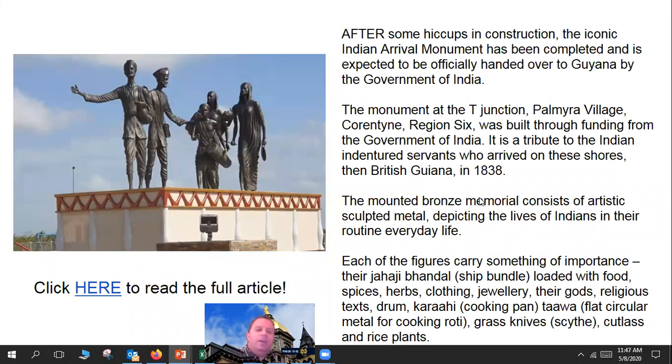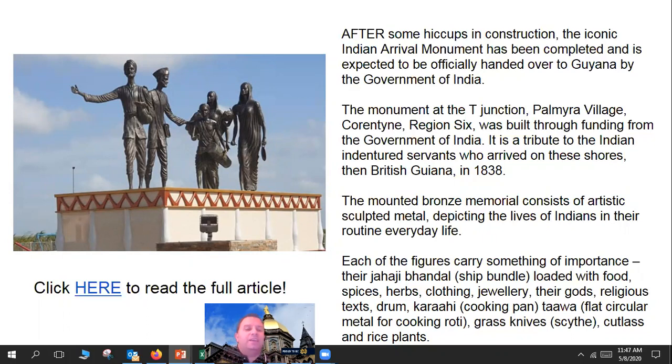There also in Guyana today, there is a monument, and that's it right there. It's a statue depicting the arrival of the Hindus, of the Indians within Guyana. Okay, and it was a gift from the Indian government to the country of Guyana, depicting the friendship between the two nations.